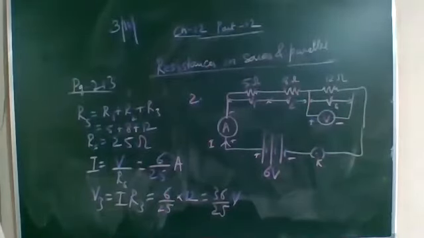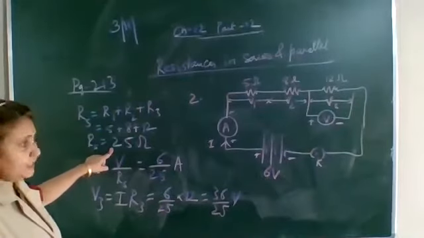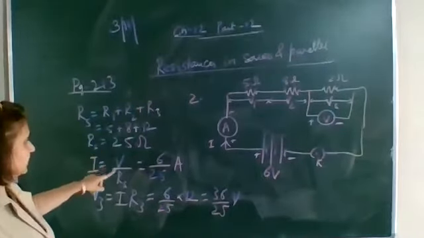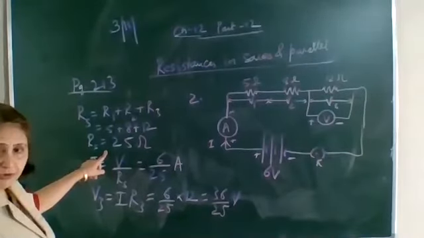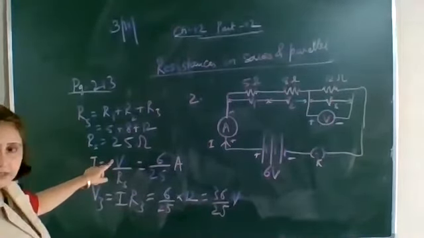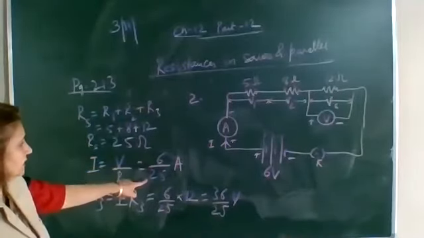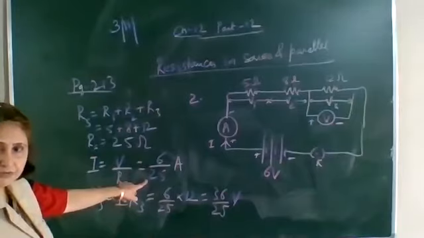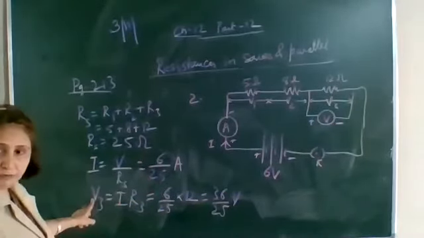This way we find the ammeter reading and the voltmeter reading. As all three are connected in series, the equivalent resistance will be the sum of all these. Current will be V upon the total resistance. V here is 6 volts and the total resistance is 25 ohms, so this many amperes of current.